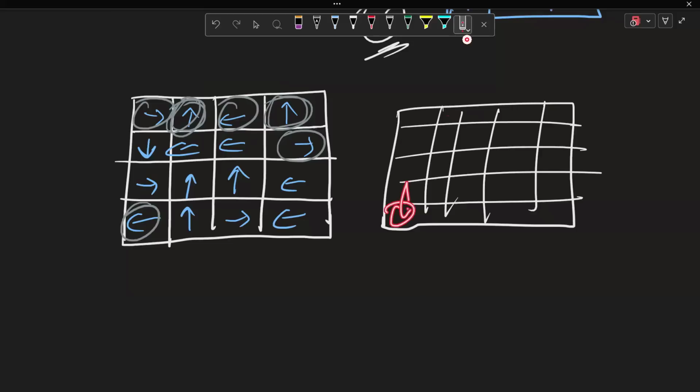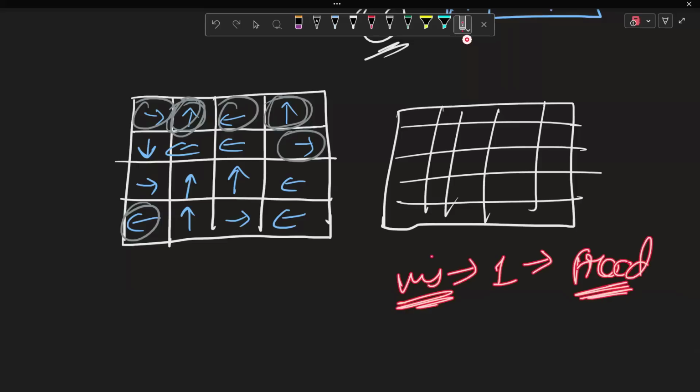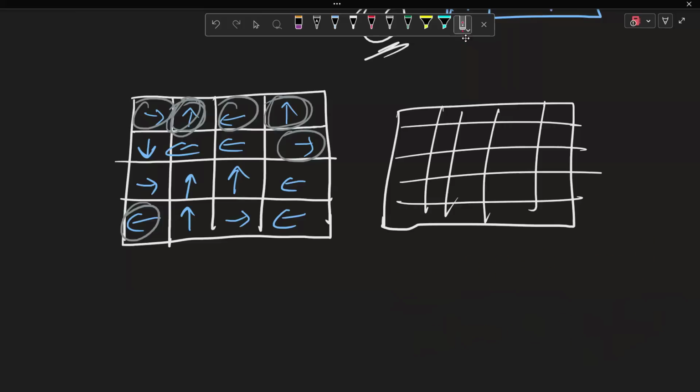Then we move to their adjacent nodes in our BFS ordering. Whichever takes me towards that, they are again put in my queue. That way we expand our queue, and when we finally come out of the BFS, all those nodes which are visited, we can say they are the nodes from where we get freed. And all those nodes which are not visited, we can say we get trapped. I hope this initial observation and this algorithm is clear to you.